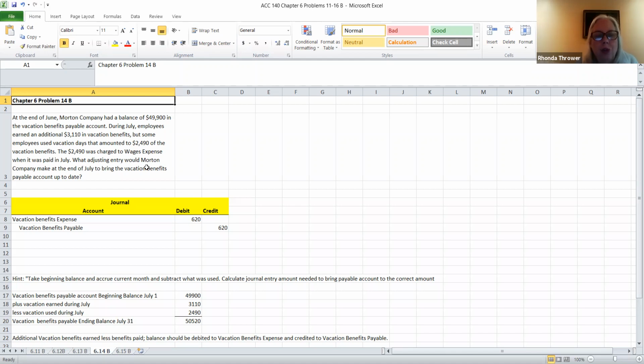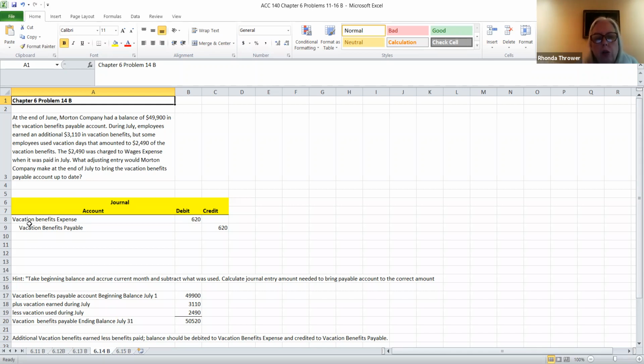What adjusting entry would Morton Company make at the end of July to bring the vacation benefits payable account up to date? This is an accrual of vacation that has been earned by the employees for the month.